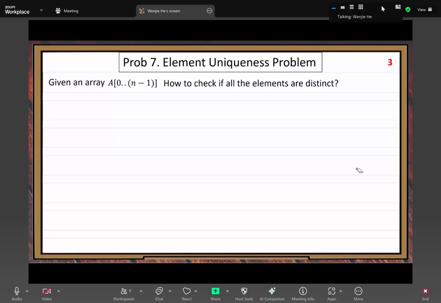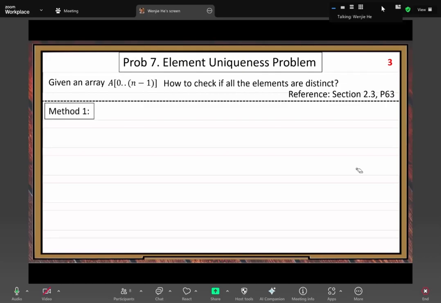If all the elements are distinct, then your function should return true. Otherwise, false. That's simple. All right. So it's a simple question. But here we want to do it in two different ways.